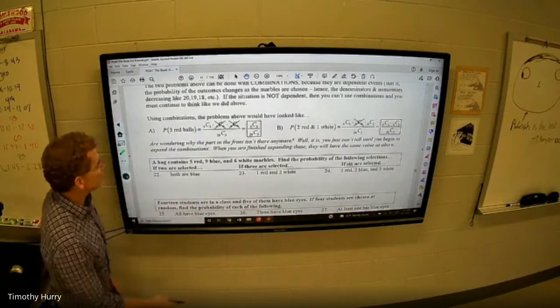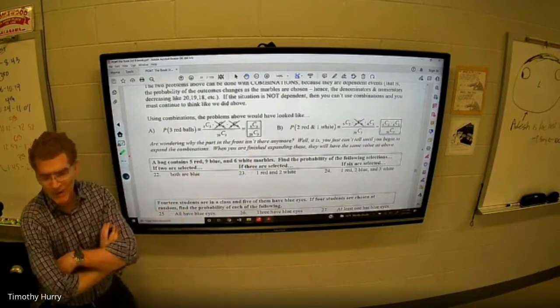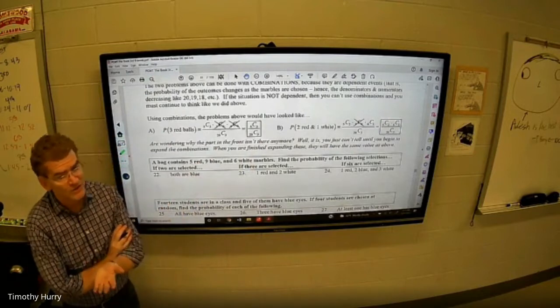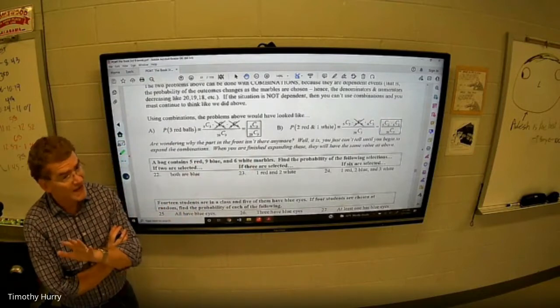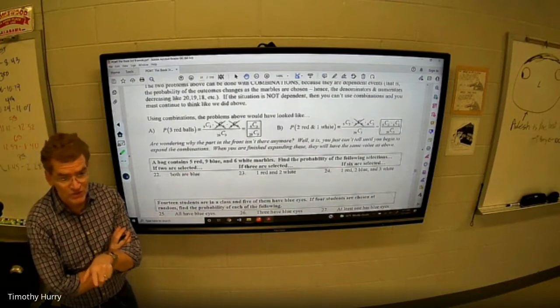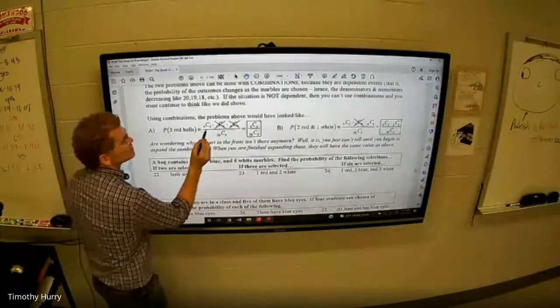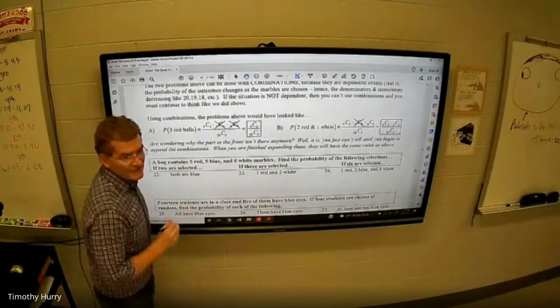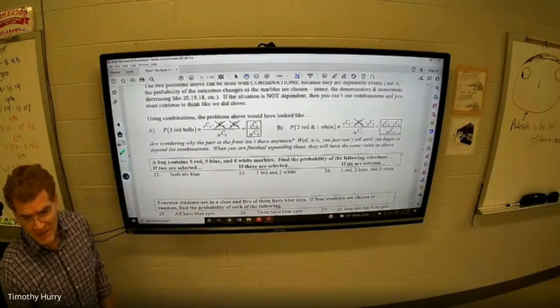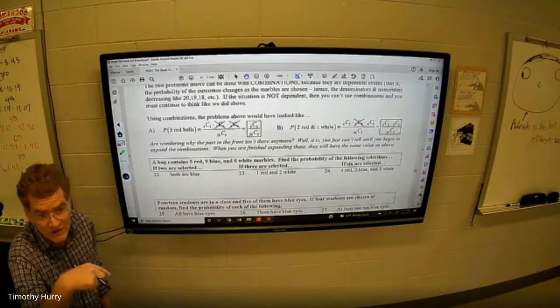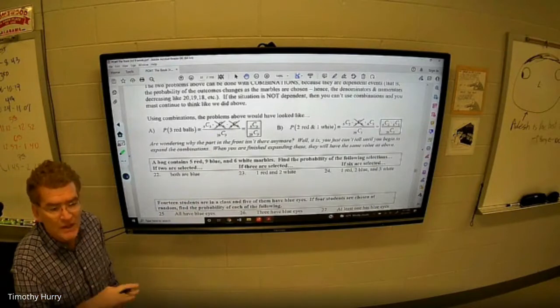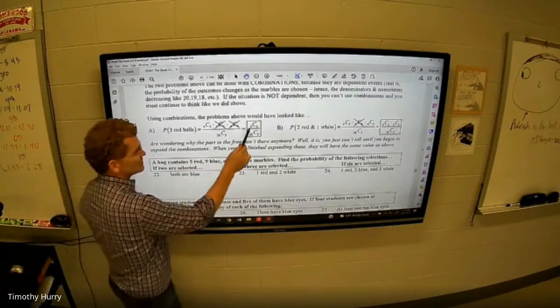I can just say, how many ways to get a red ball? Well, how many red balls are there? 5. How many do you want to choose? 3. So just like we defined yesterday, I'm going to choose 3 of those 5, and the order in which I chose the red ones doesn't affect the outcome, so I use 5C3.